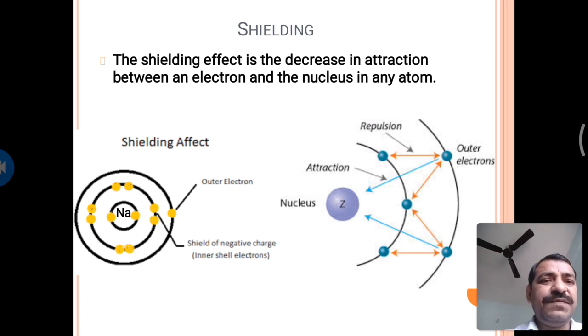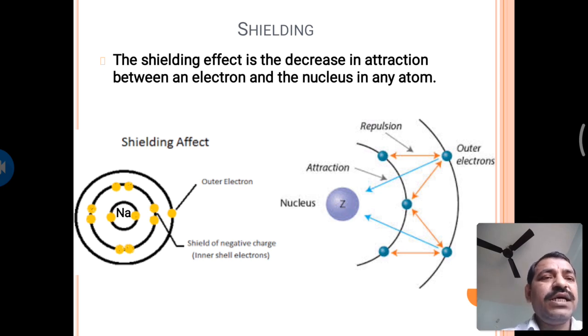In this figure, on the right-hand side, the nucleus attracts the outermost electron, and likewise the inner shell electrons. The nucleus consists of positively charged protons, and this positive charge attracts the outermost electron, which is negatively charged. This attraction between the outermost electron and the nucleus is the nuclear charge.